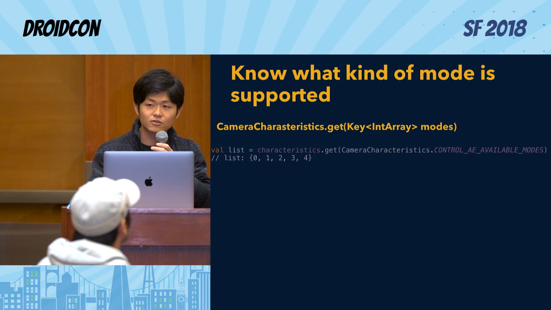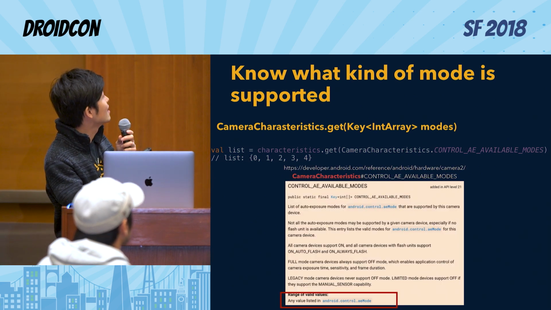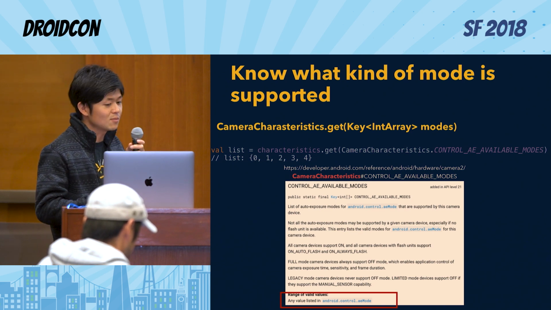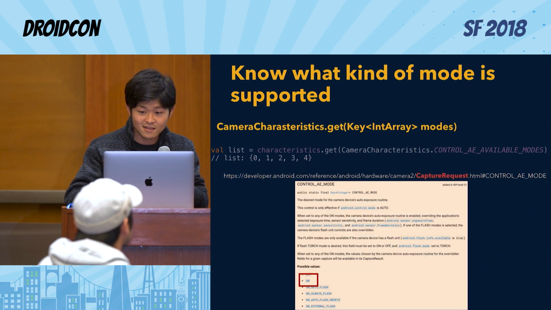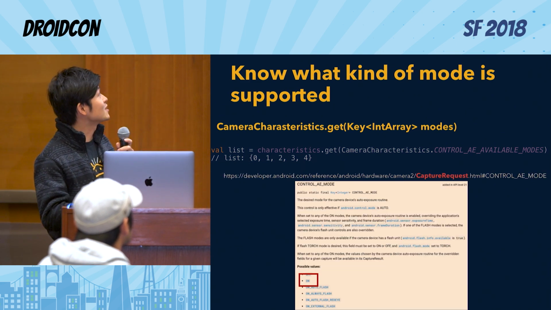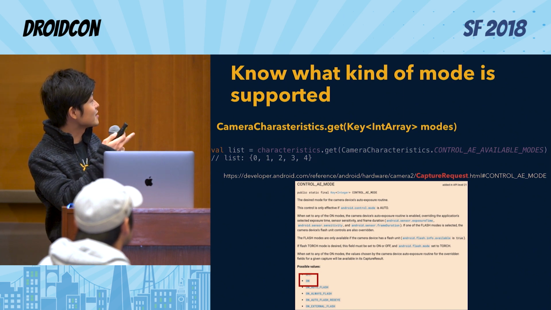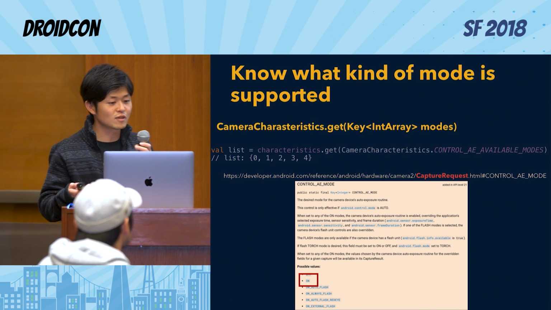So we look at the Android document. It says any value listed in android.control.aeMode. So I just click this one, and it takes me to the CaptureRequest document. There's a list of what's supported, but still I don't know what the numbers mean.